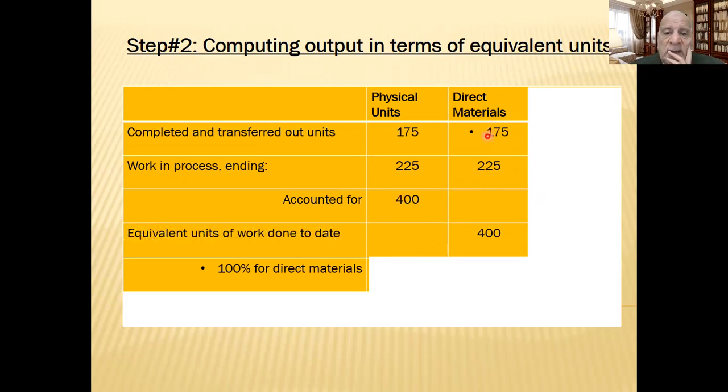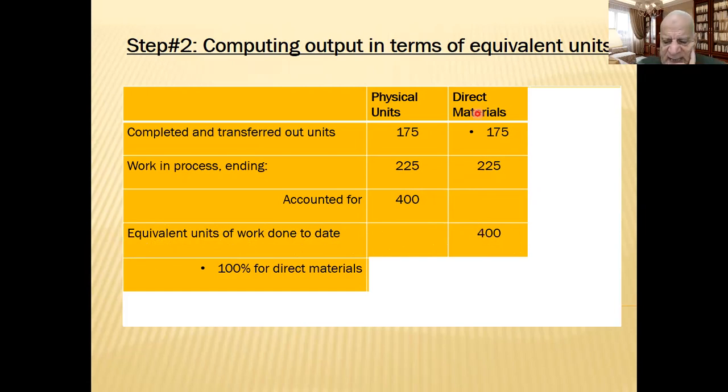So the total units are equivalent. They equal 400 units equivalent from the point of view of direct materials.